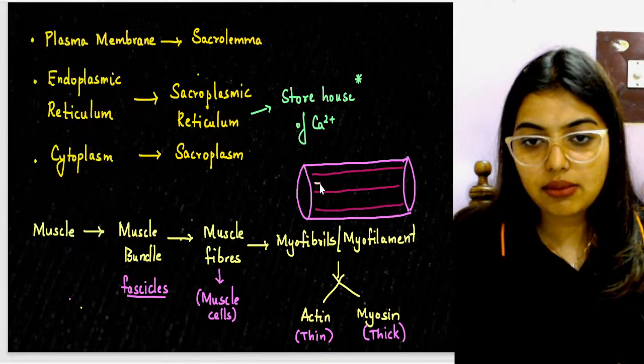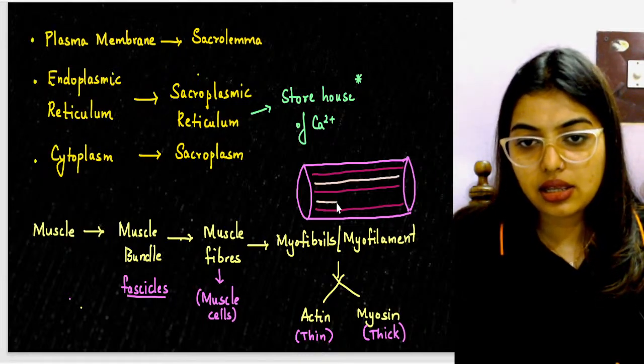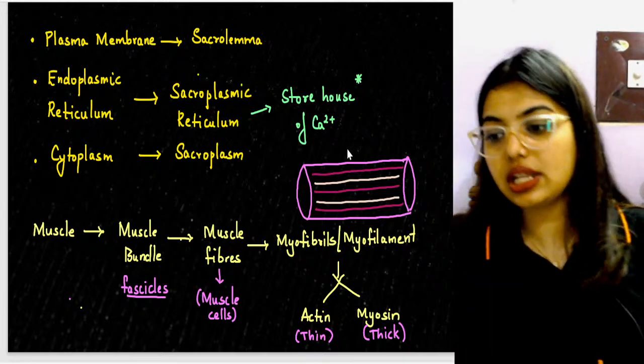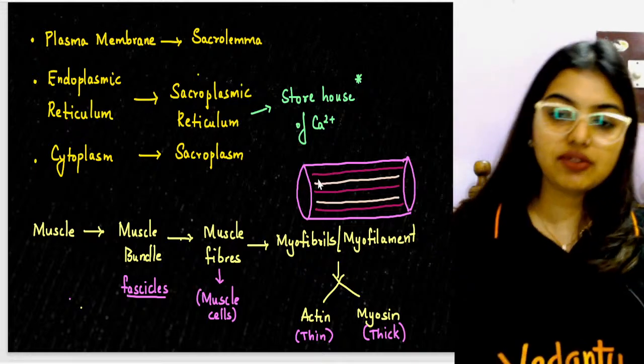The dark bands are constituted because of the myosin and the light bands are constituted because of the actin.